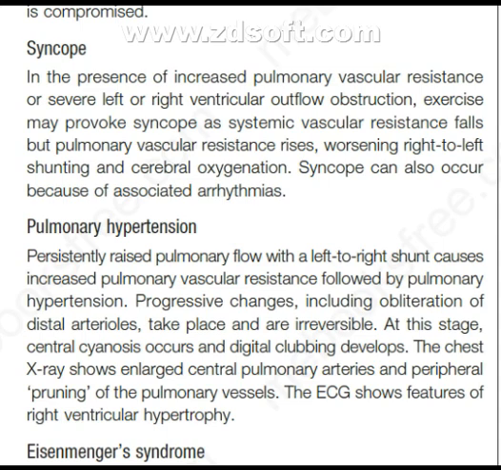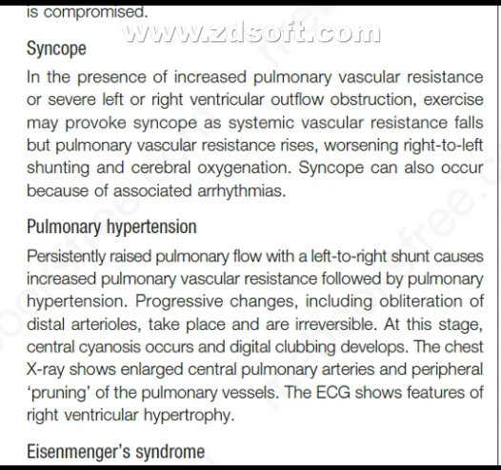Pulmonary hypertension. Persistently raised pulmonary flow with a left to right shunt causes increased pulmonary vascular resistance followed by pulmonary hypertension. Progressive changes including obliteration of distal arterioles take place and are irreversible.